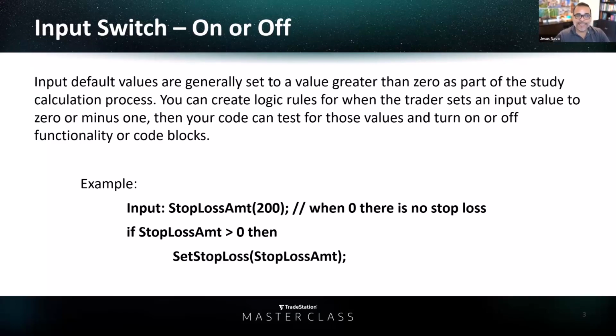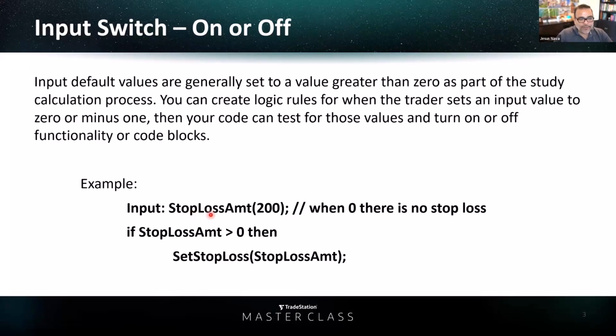Then your code can test for those values and turn on or off functionality or code blocks. So this is an interesting concept where you put your action within an if-then statement, meaning that you have this switch that says, if my value is greater than 0, then take this action.